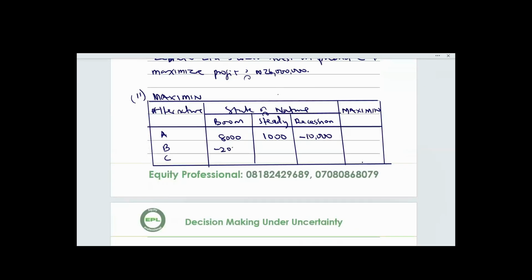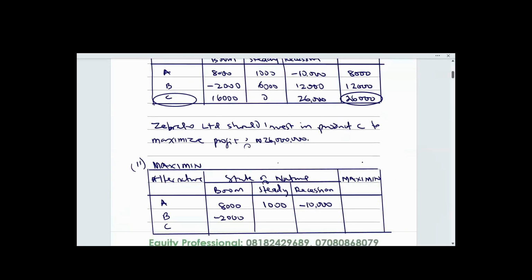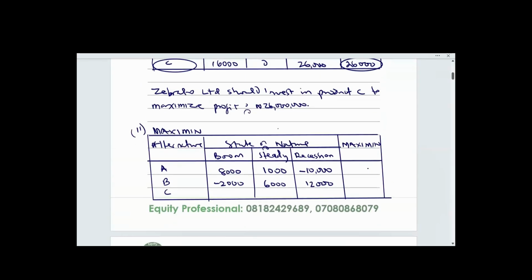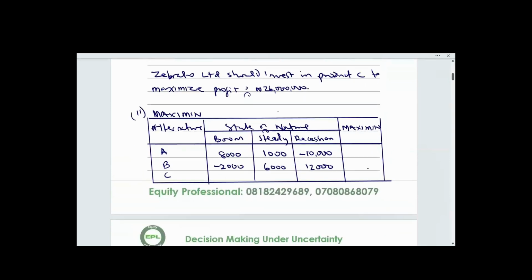For B, minus 2,000, 6,000, 12,000. Then alternative C, we have 16,000, 0, 26,000. Our figures are in thousands.